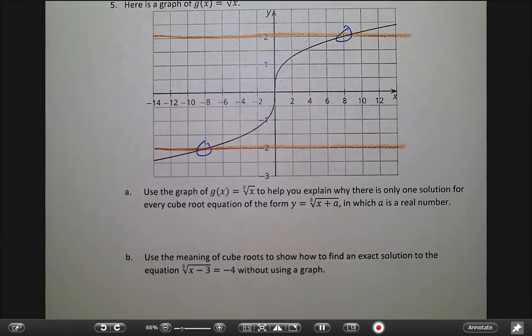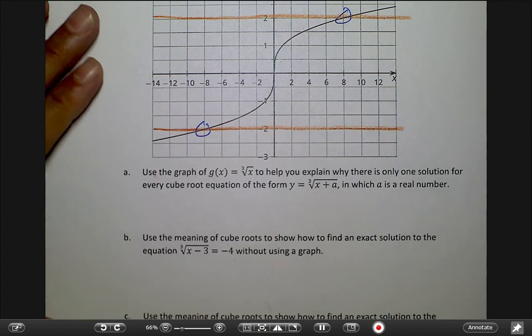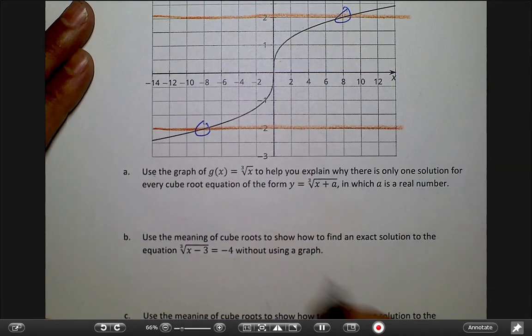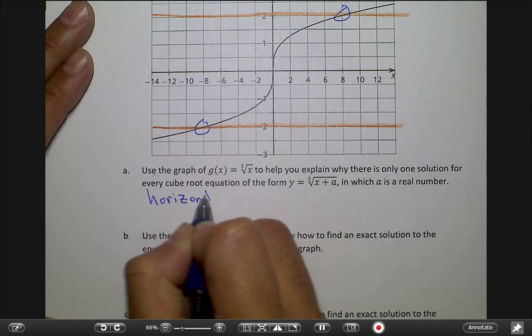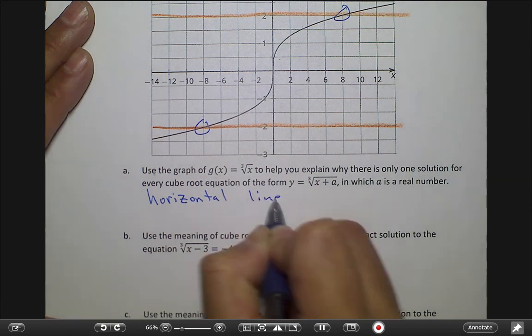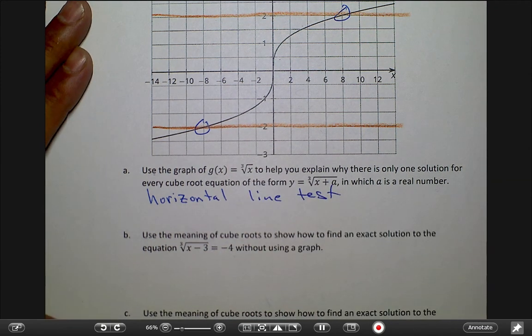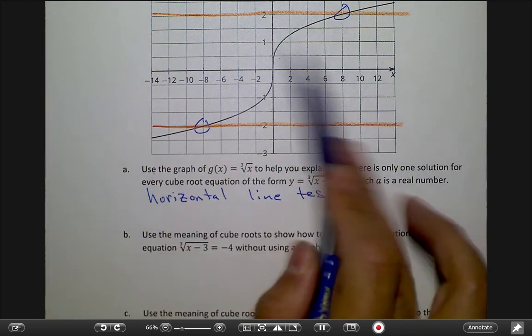No. Okay. So what type of line is this? Horizontal line. Yeah, horizontal line test. So that's probably the most basic answer you can get. Because anywhere on here, I can't draw another one.